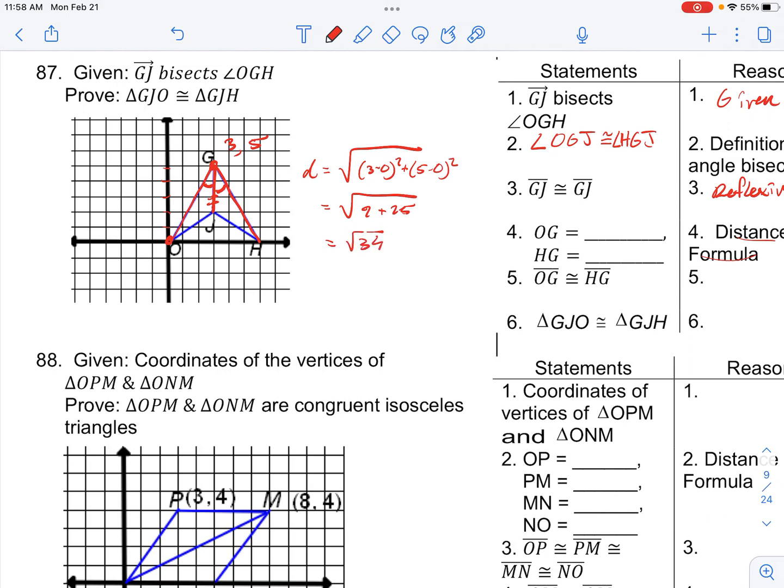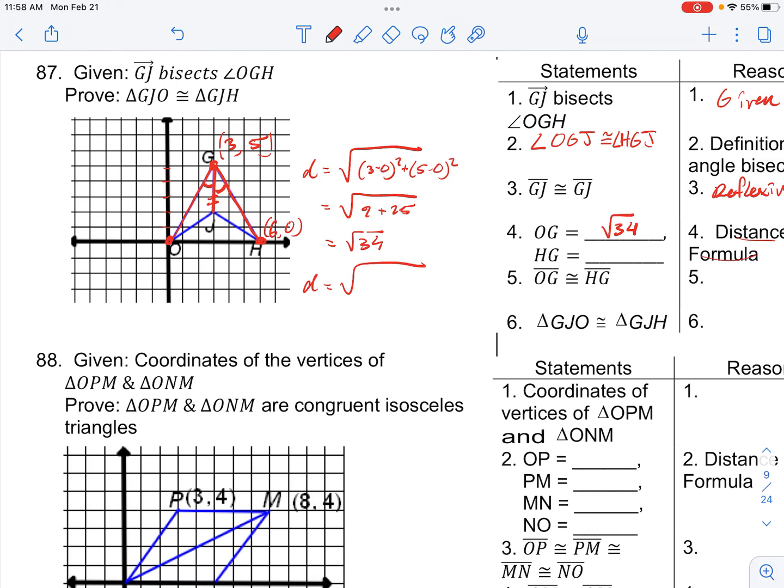So OG is the square root of 34, and HG is given by the distance from H to G. H is at 6, 0, and G is at 3, 5.